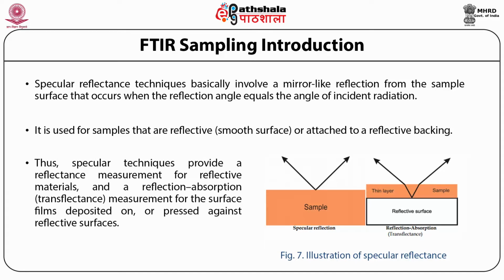Thus, specular techniques provide a reflectance measurement for reflective materials and a reflection absorption transreflectance measurement for the surface of films deposited on or pressed against the reflective surfaces, as shown in this figure.